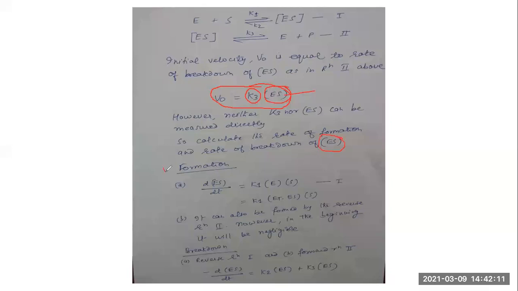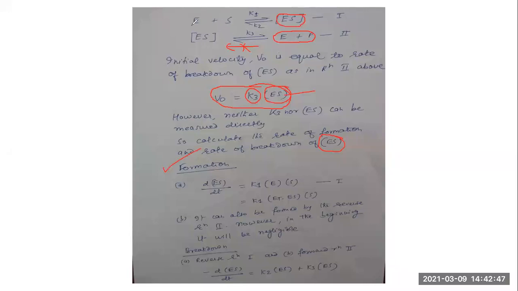So let us see how ES is formed. It can be formed in two different ways. One is E combining with S to give you ES, the forward reaction 1. And second is the reverse reaction of E combining with P giving you ES. But in the beginning of the reaction, when you have just started, this will not take place because there will not be any product to combine with E to give back ES.